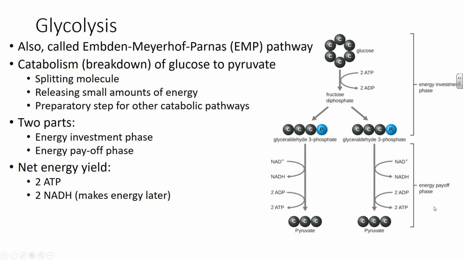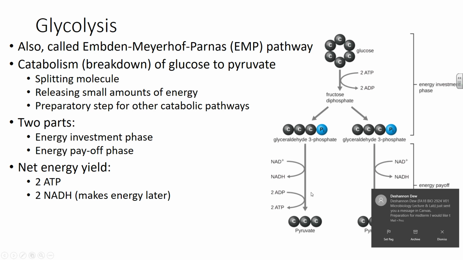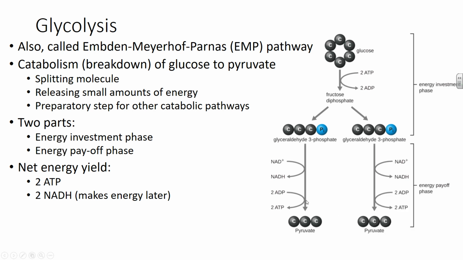Then in the payoff phase, we take our 2 molecules of 3 carbons, we pull some electrons out producing NADH, and then we release some energy producing pyruvate. So overall, we have taken the 6 carbon molecule of glucose, split it in half, and made it smaller, producing a 3 carbon pyruvate.